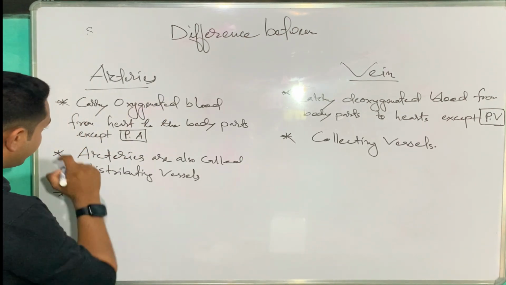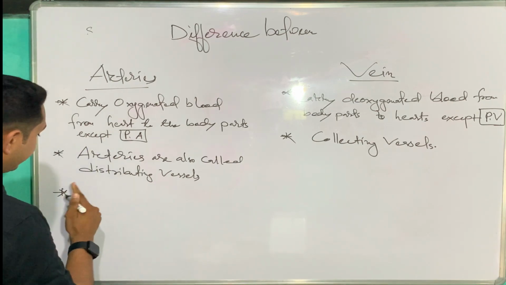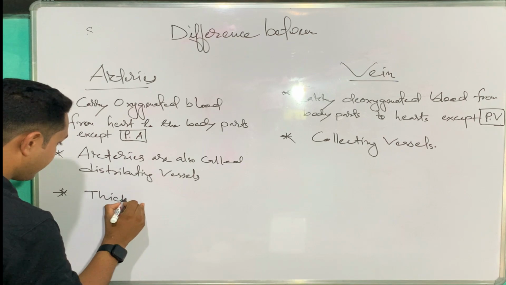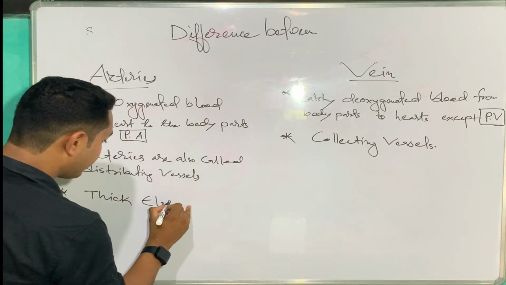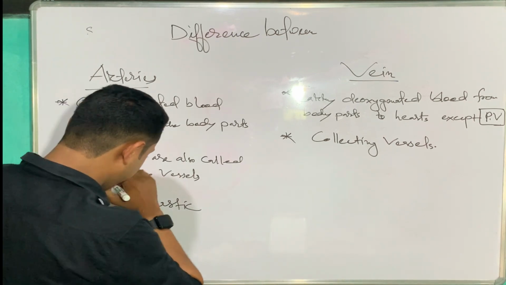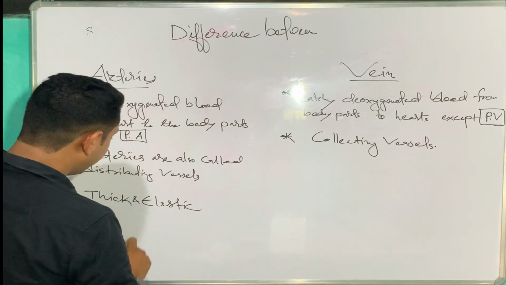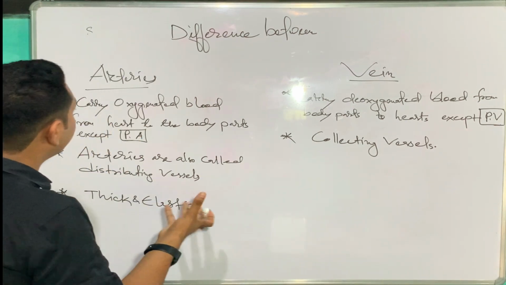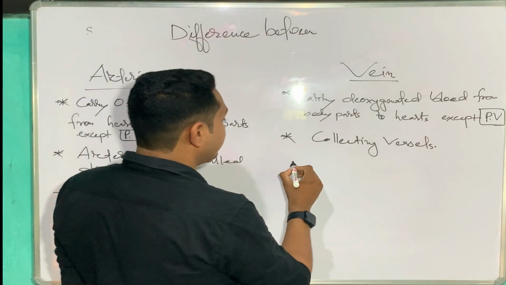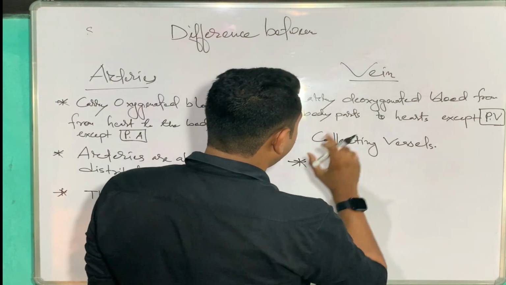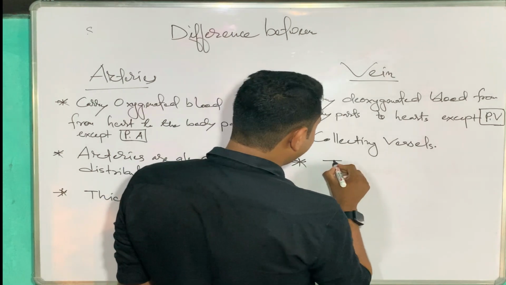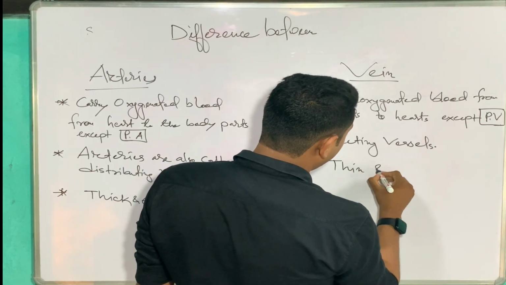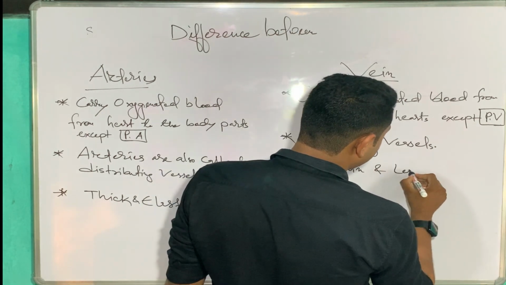Why? Just because they remain inside the skin, deep seated. Why are they thick and elastic? Just because in the arteries there remains a pressure from the heart. And in the vein there is no pressure, so it will be thin and less elastic.